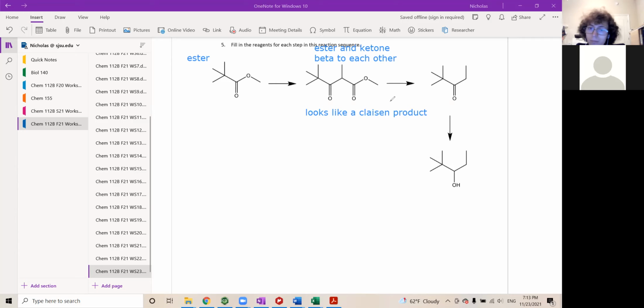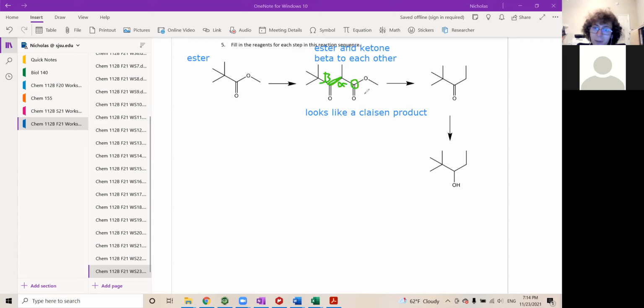And in terms of working backwards, figuring out what to react here on the arrow with this ester, let's look at the ester. This is alpha, and this is beta. So the bond that we formed to make this product, the new carbon-carbon bond, is this one, highlighted in green, the bond between the alpha and the beta carbon.